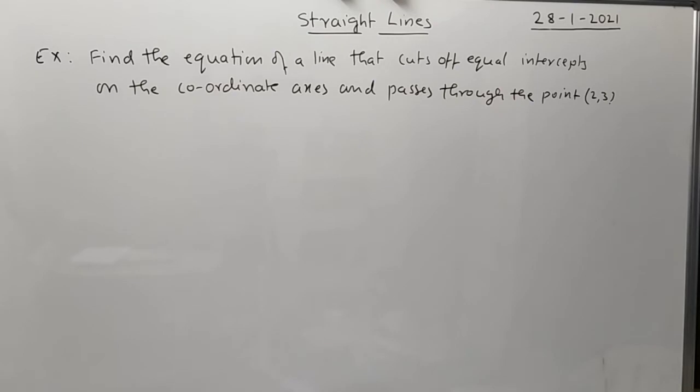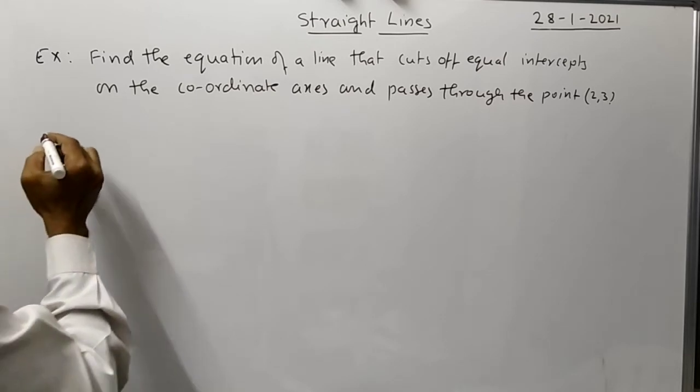Find the equation of a line that cuts off equal intercepts on the coordinate axes and passes through the point with coordinates 2, 3. Solution.